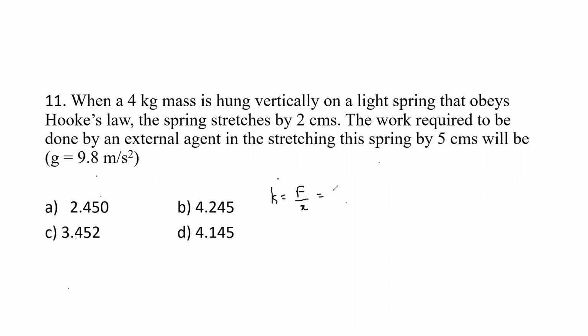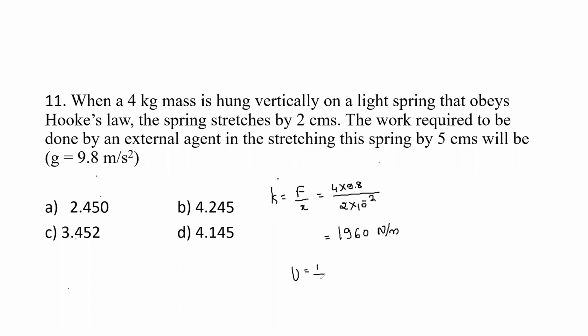Force is M into G. Mass is 4 into G, acceleration due to gravity, is 9.8 divided by X, which is 2 into 10 raised to minus 2. If you simplify this, we will get it as 1960 Newton per meter. So what is the work done in stretching the spring by 5 centimeter?